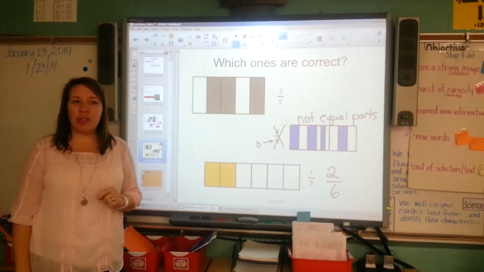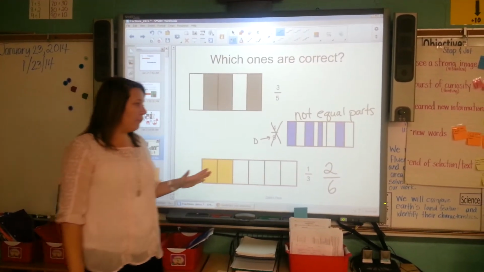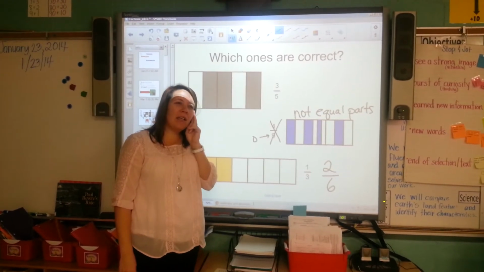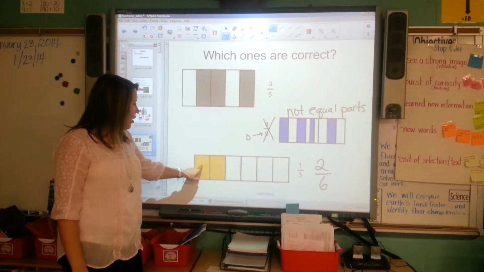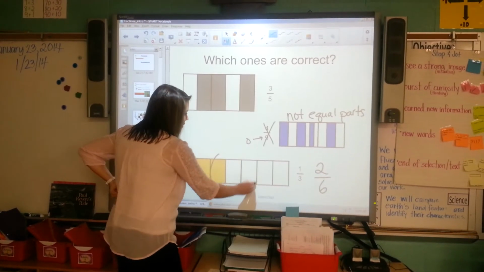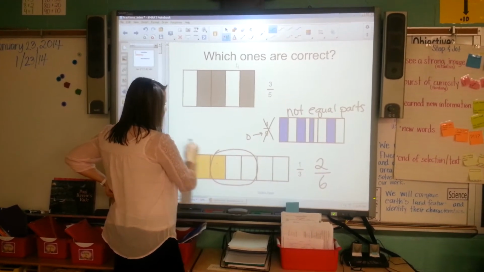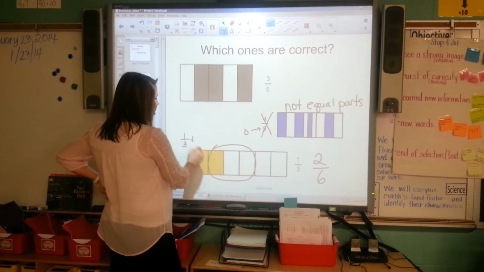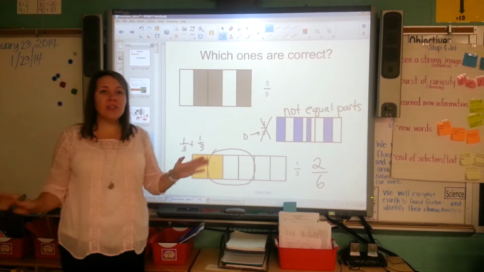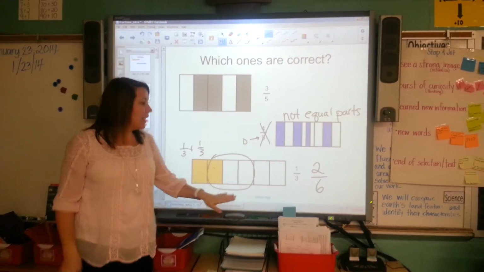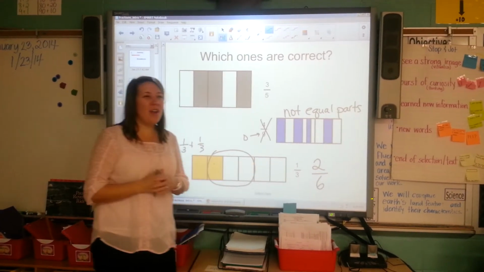Let's say that. 2/6. So, as I'm thinking as a mathematician, I could see where I could do this. 1 out of 3 or 1/3. And I could add this 1/3. But that's a lot of work. So just for now, for the introductions to fractions, does this show 1/3?